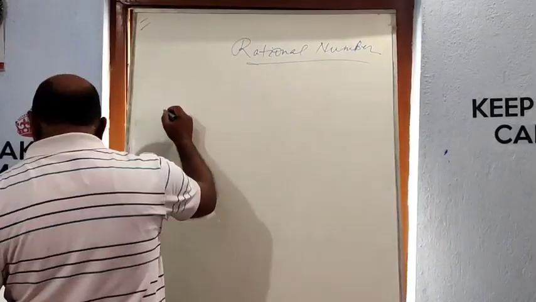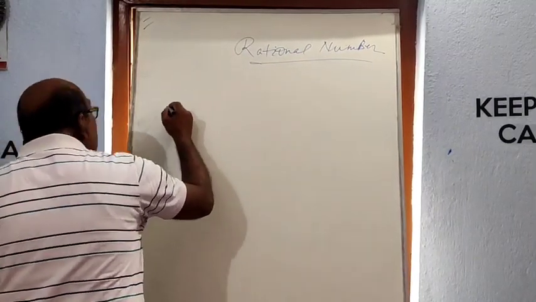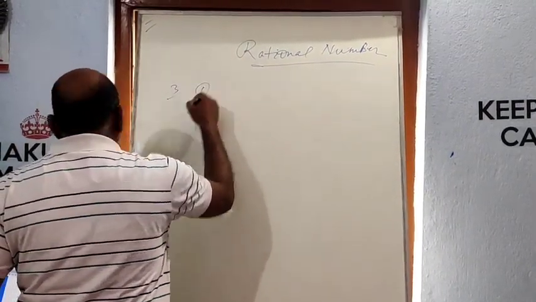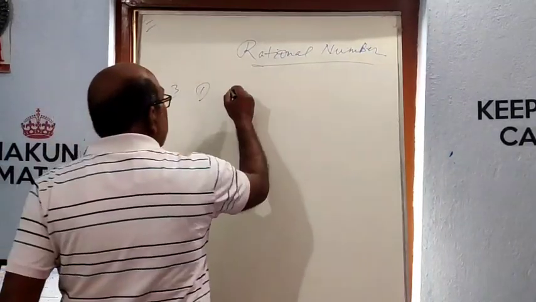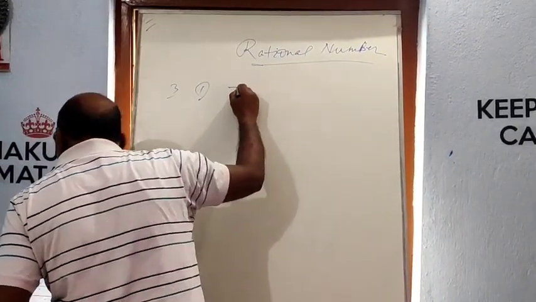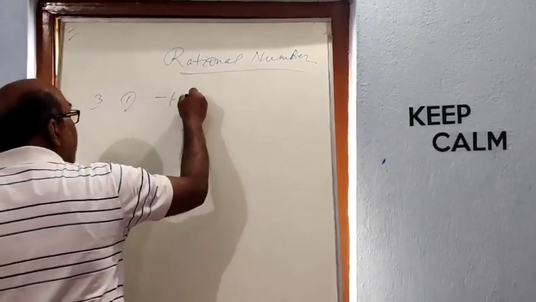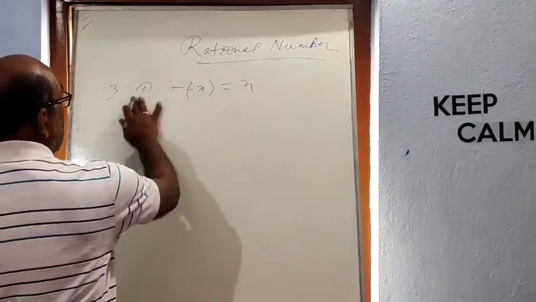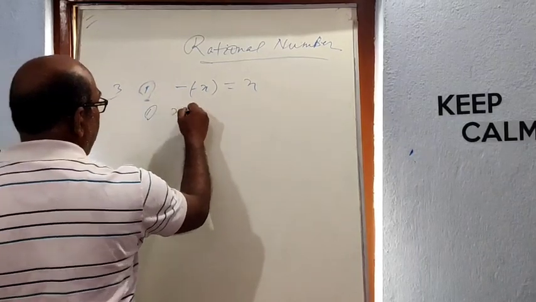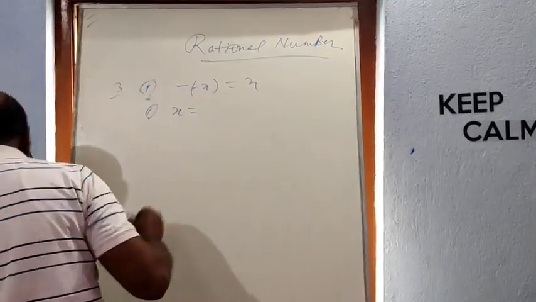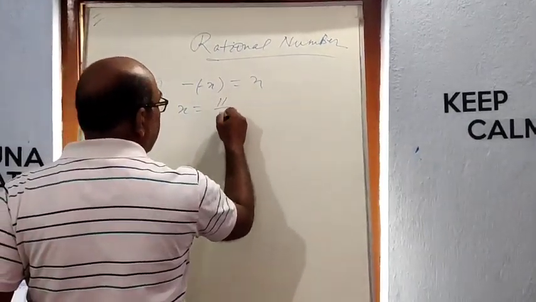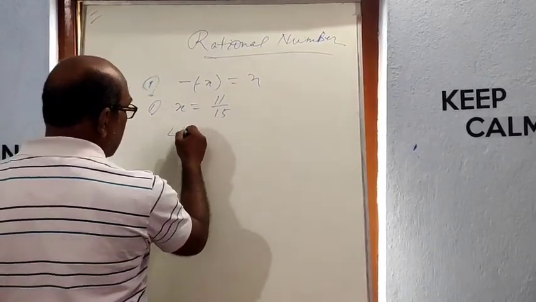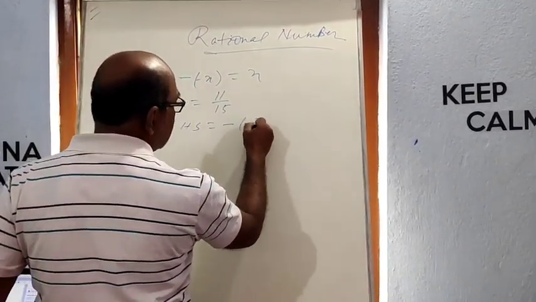In question number 3, first of question number 3. It is given that minus x equals x. Here the value of x is 11 by 15. Your left hand side is equal to minus x.